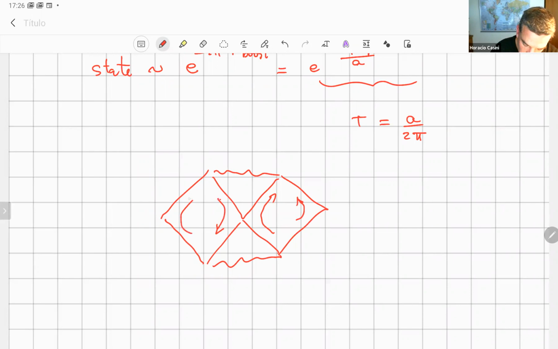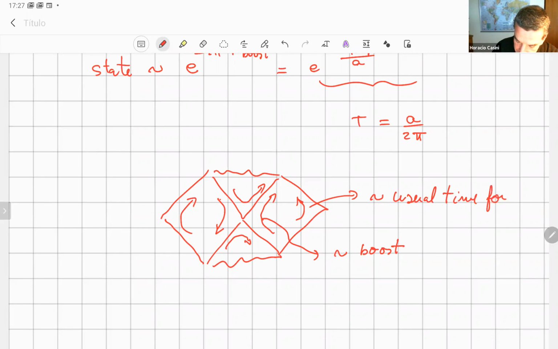It moves points in this manner. Well, very near the horizon, this is approximately proportional to the boost, and very far away is proportional to the usual time for asymptotic observers.